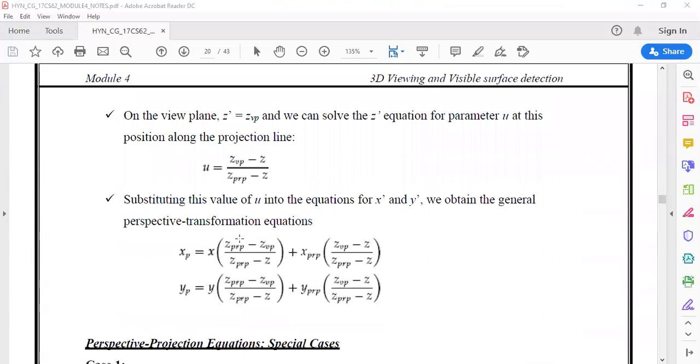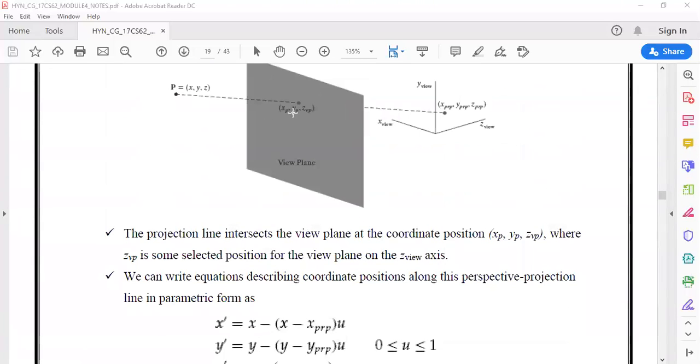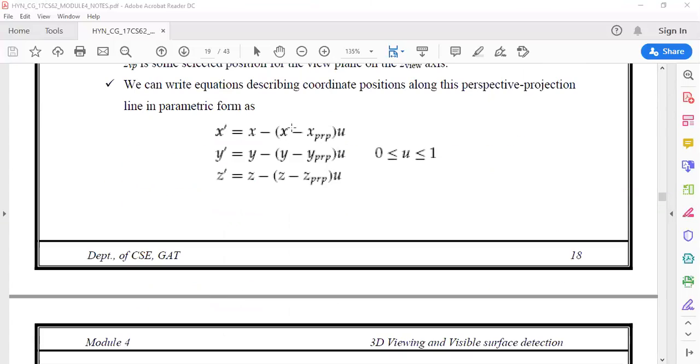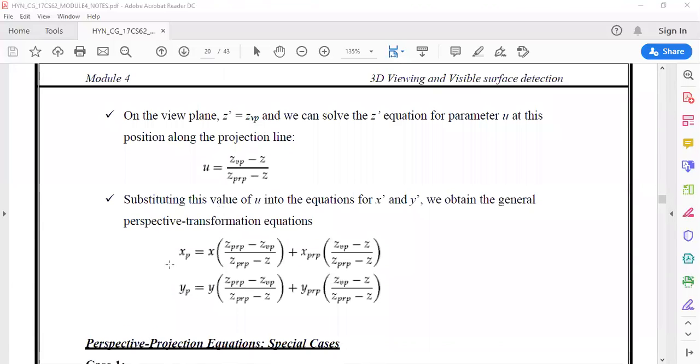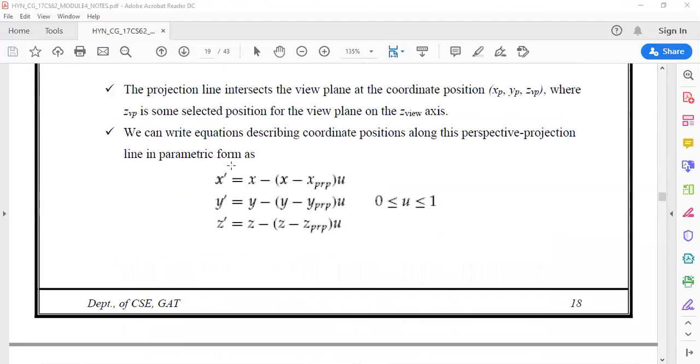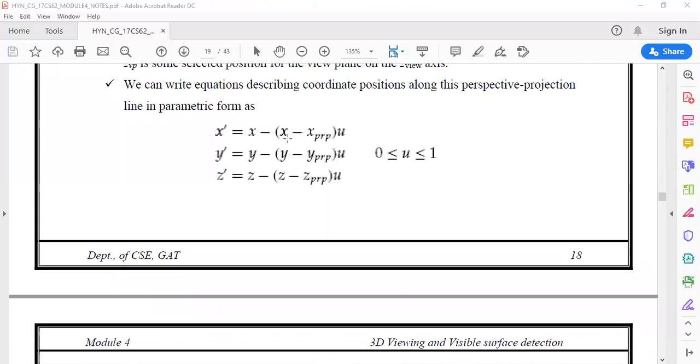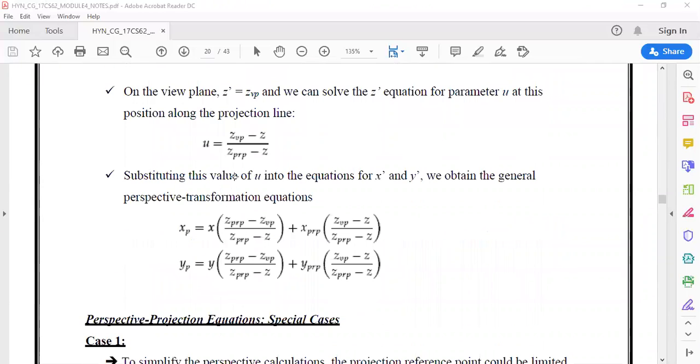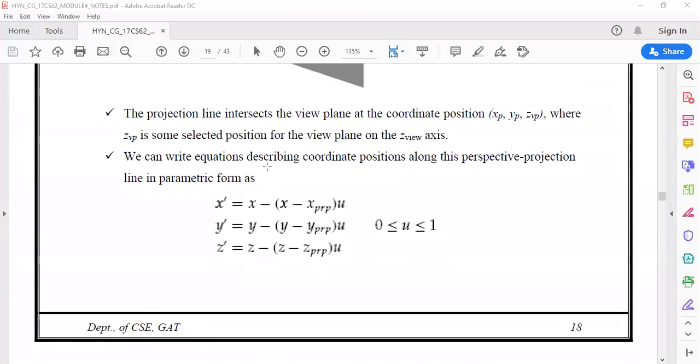Now I have to substitute this u value into my equations for x dash and y dash. What is x dash? We know that it is a new point on the view plane, which is xp. And y dash is the new point on my view plane, which is yp. So I will write xp is equal to x minus x into u, where u is zvp minus z divided by zprp minus z.